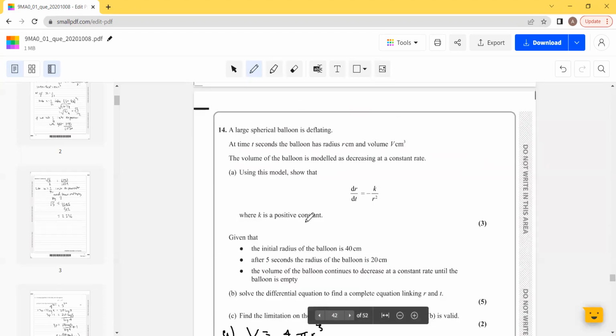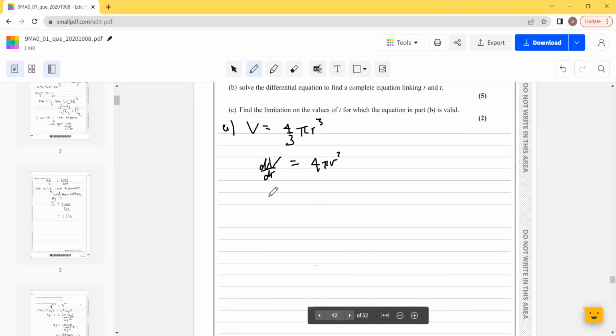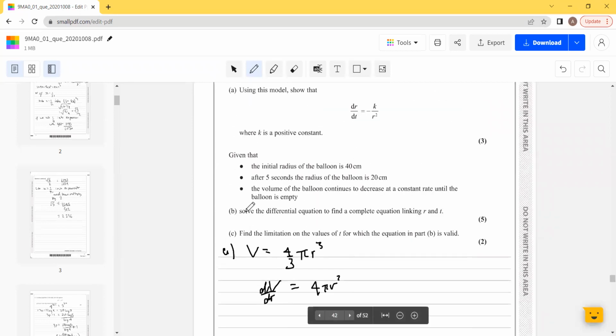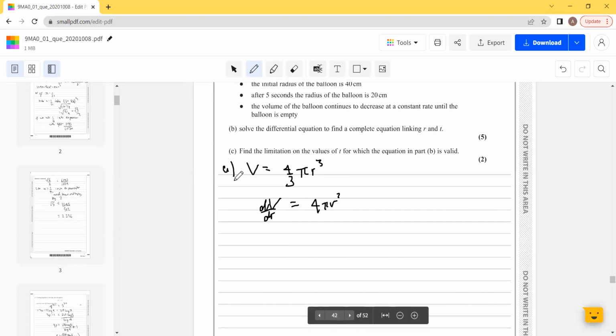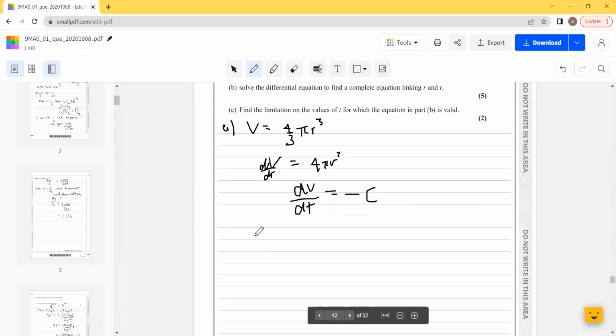Now we do know that the rate is negative, it's decreasing, it's deflating. So I can say, for example, that dV by dt is minus a constant, so let's say minus c. Now I need to show dr by dt.